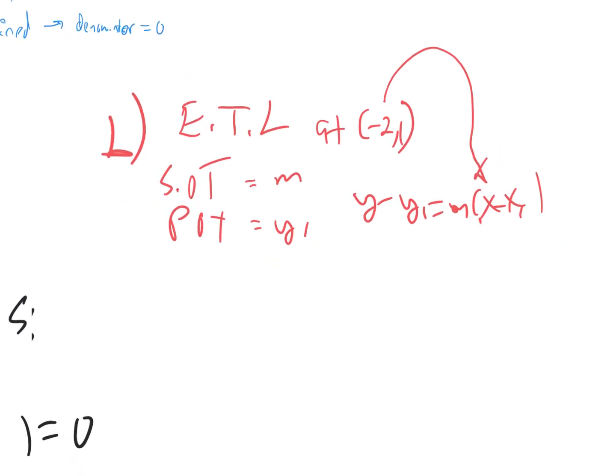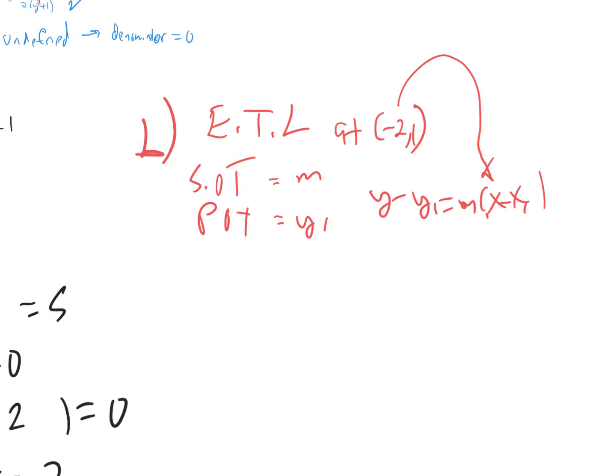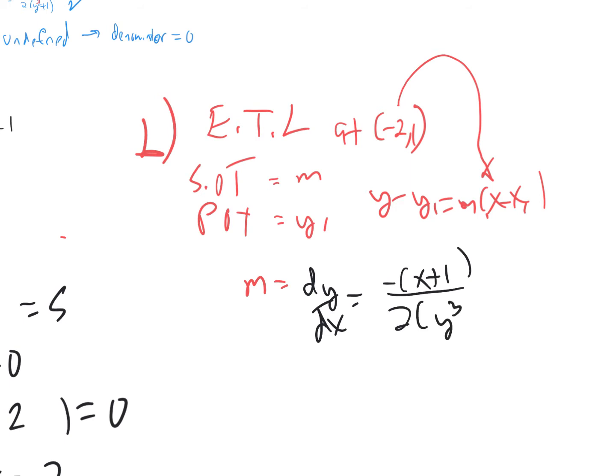So where do I get the slope from? Well, they gave you the slope formula in the original problem. Plus, we proved it. And they gave it as negative of an x plus the 1 over 2y cubed plus the 1 as well.